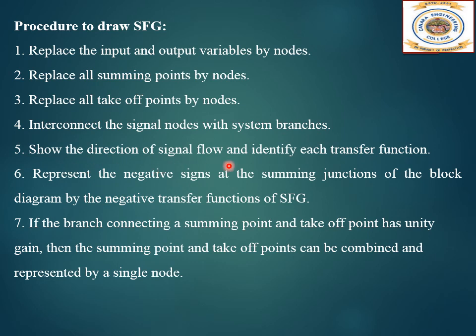Show the direction of signal flow and identify each transfer function. Represent the negative signs at the summing junctions of the block diagram by negative transfer functions in the signal flow graph. If the branch connecting a summing point and a takeoff point has unity gain, then the summing point and takeoff point can be combined and represented by a single node.